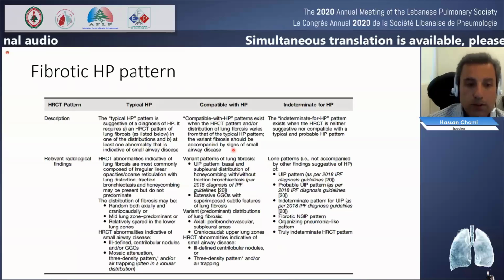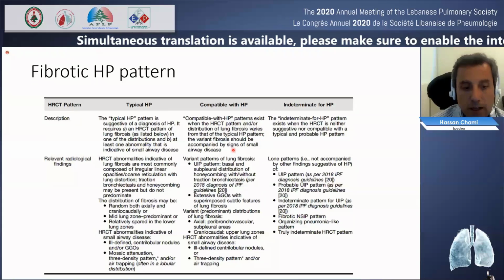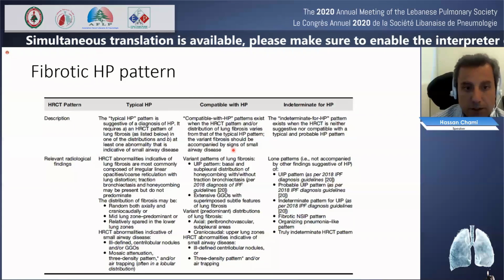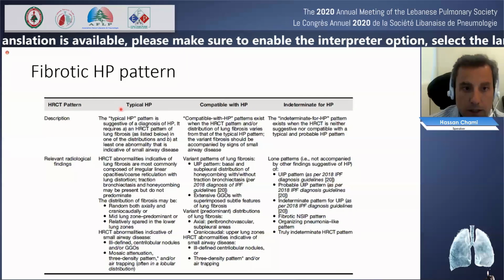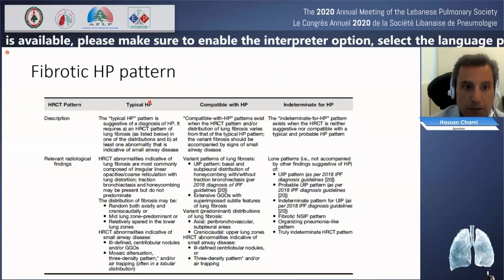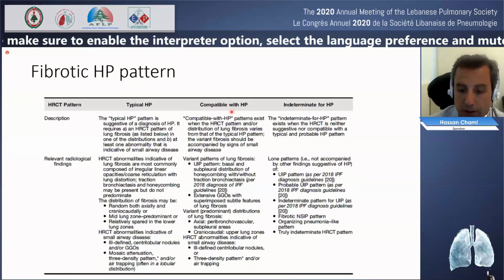For the fibrotic pattern, it's more challenging. Here, you need features of fibrosis, such as reticular findings, together with features of small airway disease. And the guidelines here also categorize the patient as having typical HP or compatible with HP.